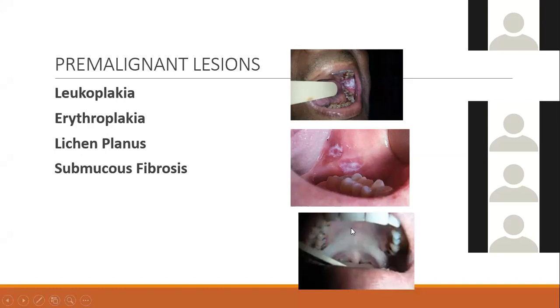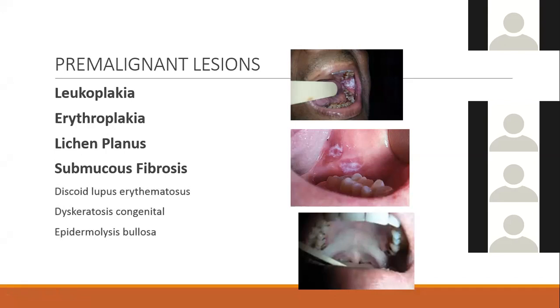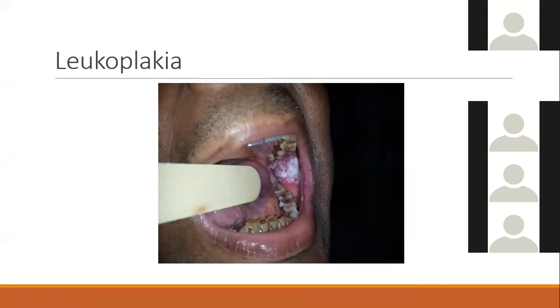So I did not know it 28 years ago, but now I have seen so many patients with submucous fibrosis, which is a pre-malignant lesion. And these are rare causes, so you do not have to remember them, but please do remember these top four.